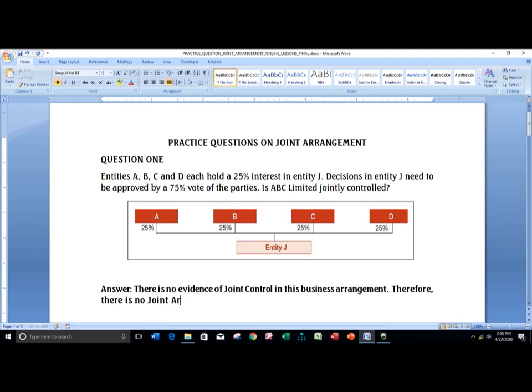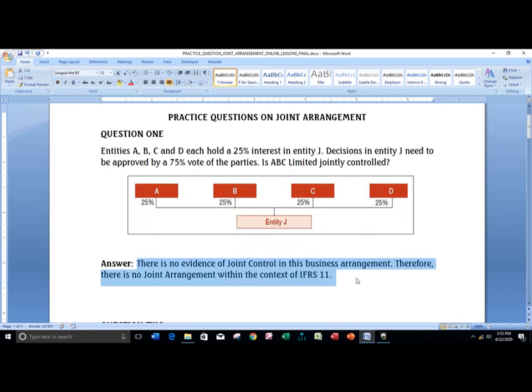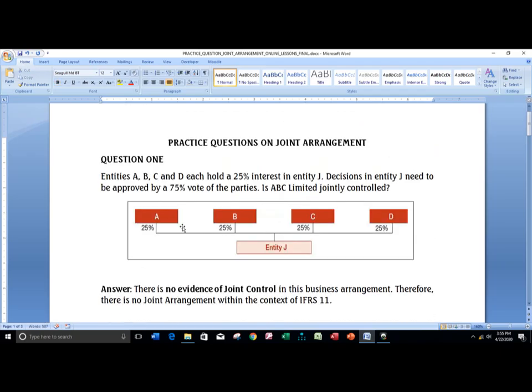And once there is no joint arrangement, we cannot be talking of joint operations within the context of IFRS 11. So once there is no joint arrangement, there cannot be joint operations or joint venture. I hope we're clear. So here, no joint control. That is the answer. I hope we're on the same page.